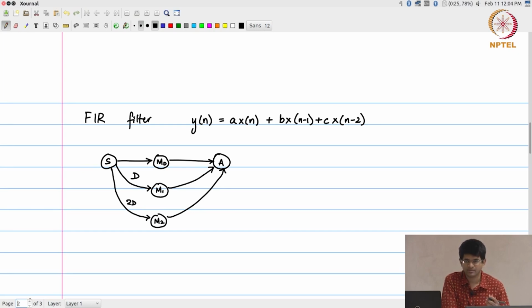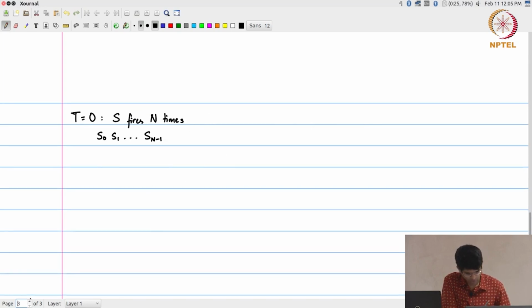And based on our definitions of what is happening within a data flow graph, essentially our understanding is n tokens are produced by S and deposited onto each of the output arcs or output edges. So what would it look like?